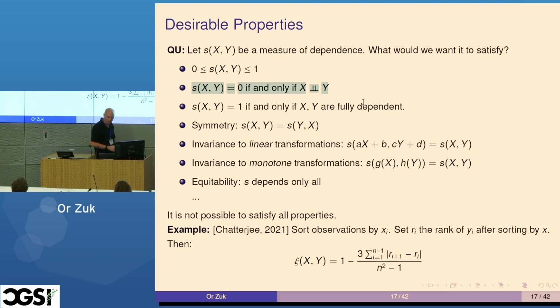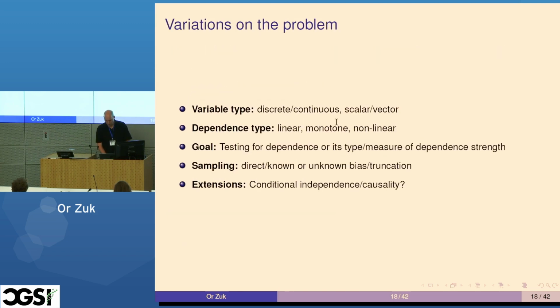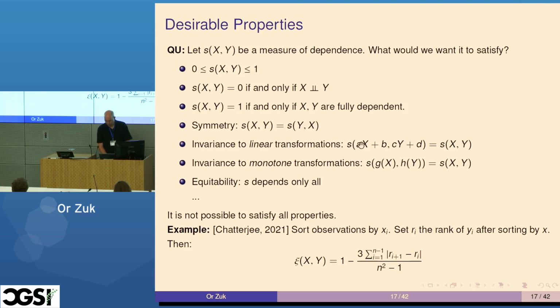Is it really full dependence or not? It's not clear. Some of these properties I'm not defining mathematically accurately, just giving you what we want in a somewhat vague sense. We want it to be symmetric, like Pearson, and we want it to be invariant to transformations.